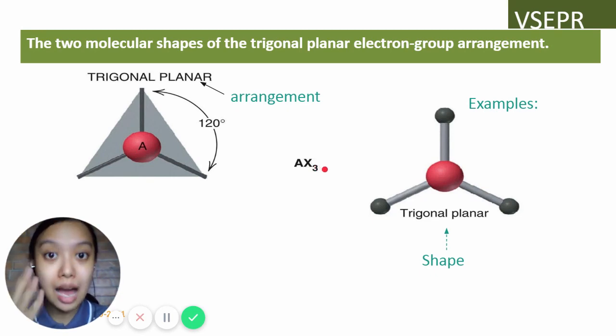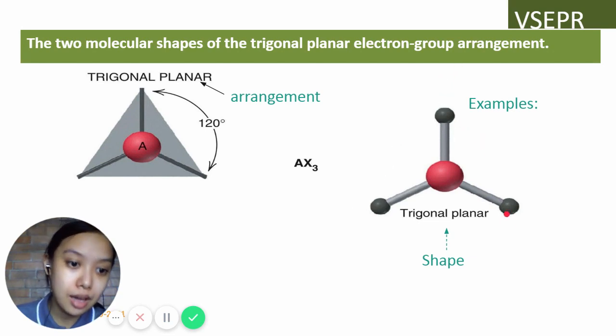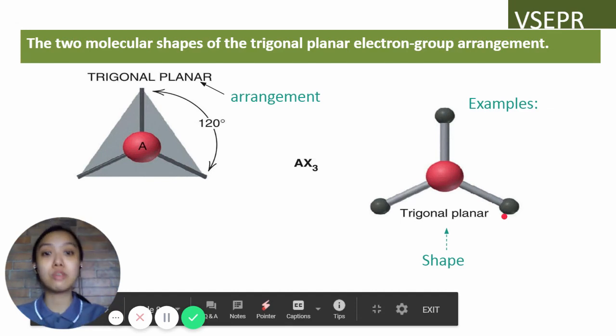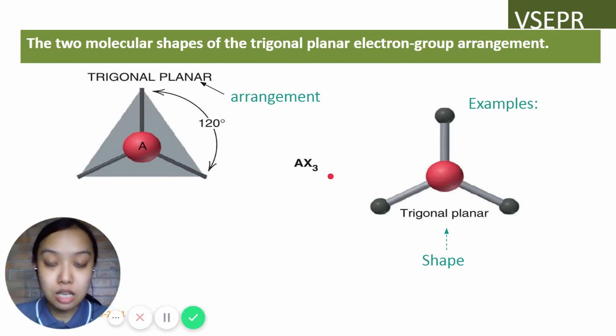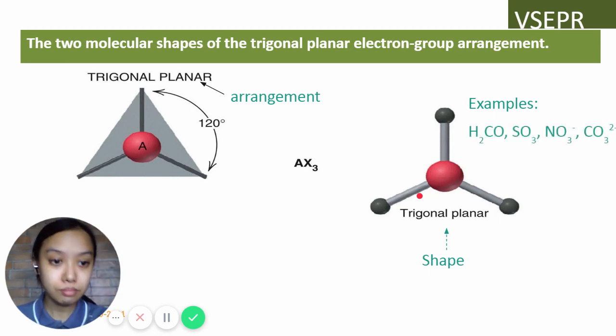This means that there are three surrounding atoms attached to the central atom. Your central atom is the red one. Let's count the attachments: 1, 2, and 3. Therefore, the AX3 configuration is associated with this particular shape.